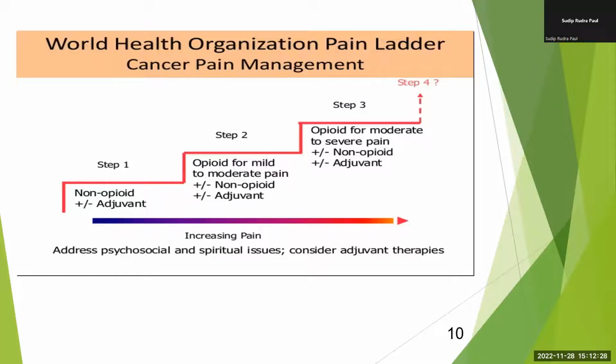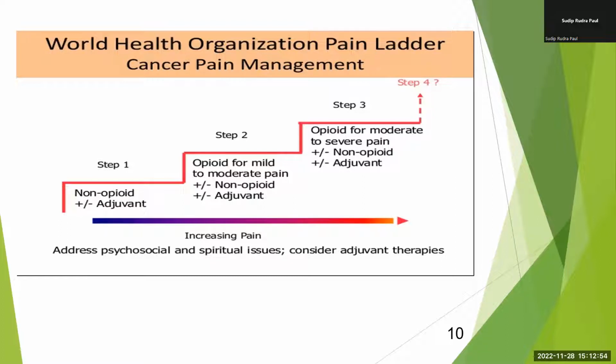Now this is the pharmacological management of pain. The World Health Organization has given us a ladder for cancer pain management or palliative care pain management. It basically has 4 steps. Step 1 is named non-opioids, and you can see there is plus or minus adjuvant.